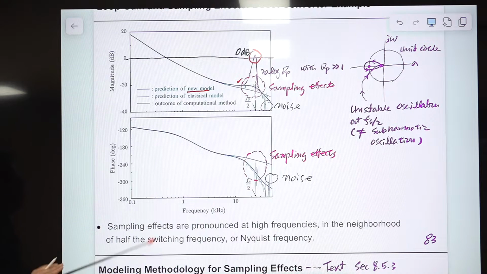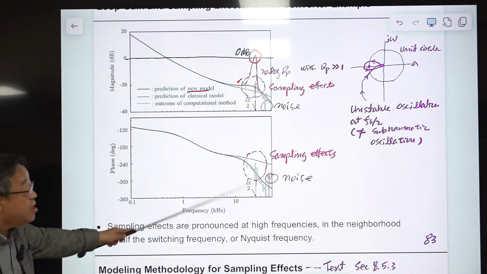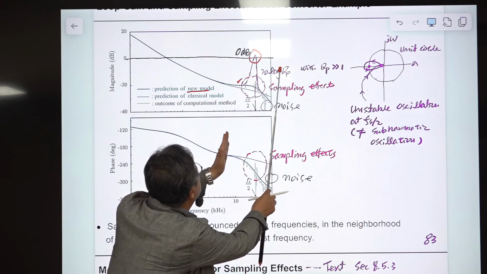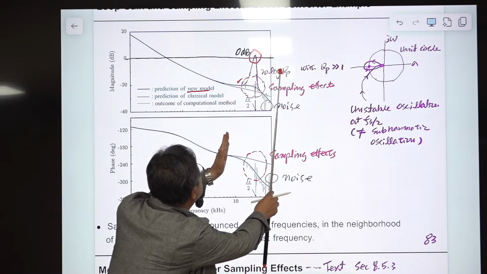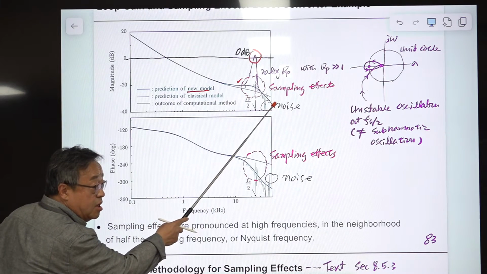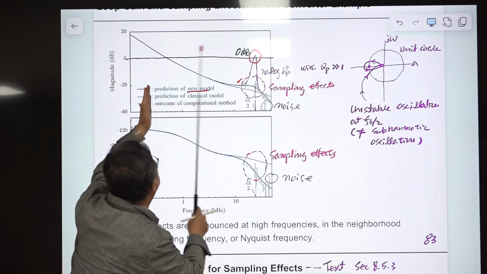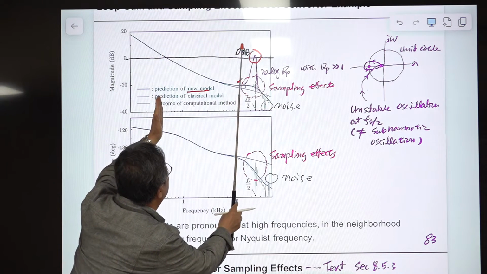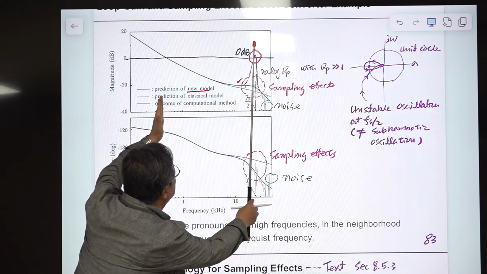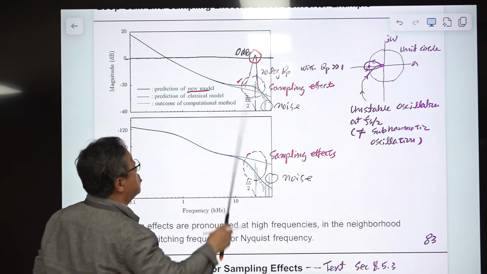So this is observable at this frequency only, so it affects only dynamics around here. If this peaking is small, and there is a wide difference between the crossover frequency and half the switching frequency, where potential peaking will occur, you don't have to know this.